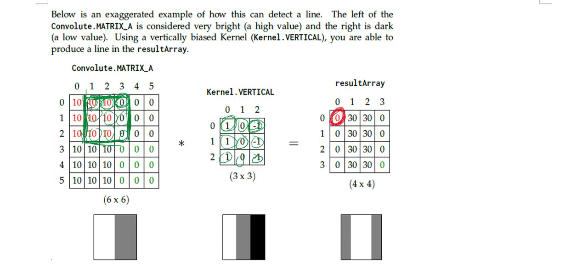So the first row, 1 times 10 is 10, 0 times 10 is 0, negative 1 times 0 is 0. So this first row is 10. Second row is also 10. Third row is 10. When you add this together, you get 30. So we get 30 in here.